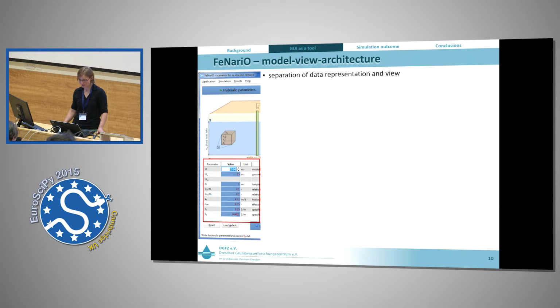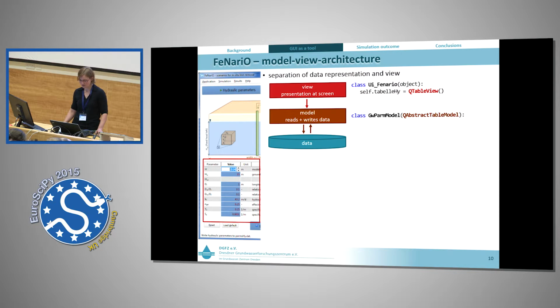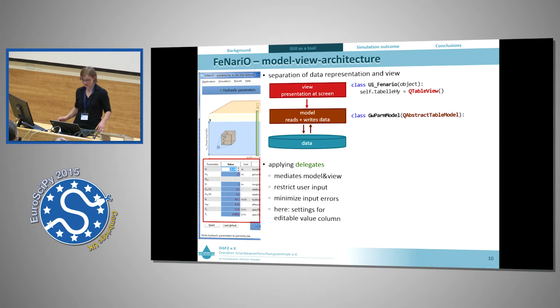You have a separation of the data representation and the view to the data. So PyQt comes with predefined classes for the view of the data at this user interface, and we have a model that reads and writes the data from the container, or the data themselves are stored in a file, for example.